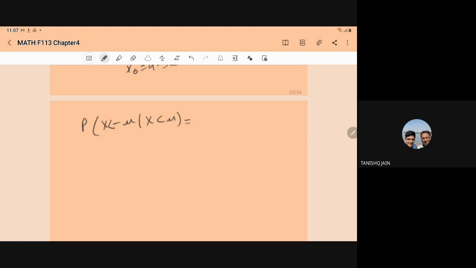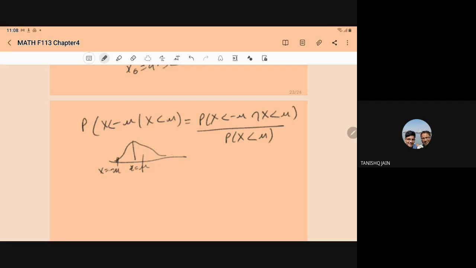So it is the probability of A given B, that can be written as probability of x less than minus mu intersection x less than mu, divided by the probability x less than mu. Let this be x equal to mu, and somewhere here we have x equal to minus mu.